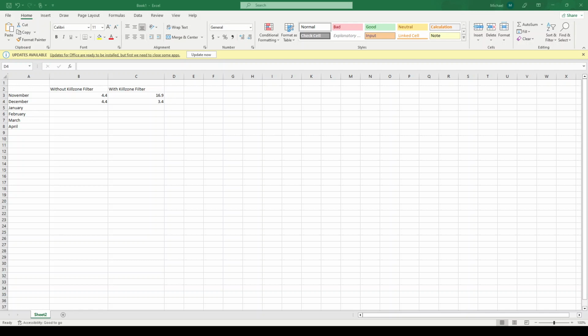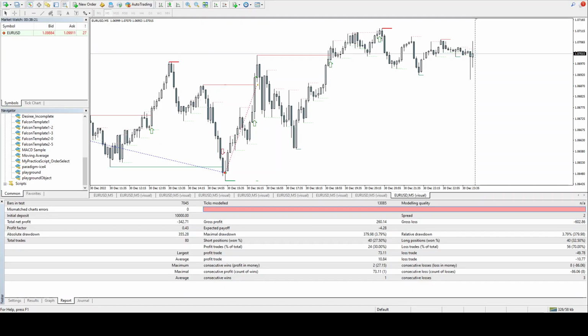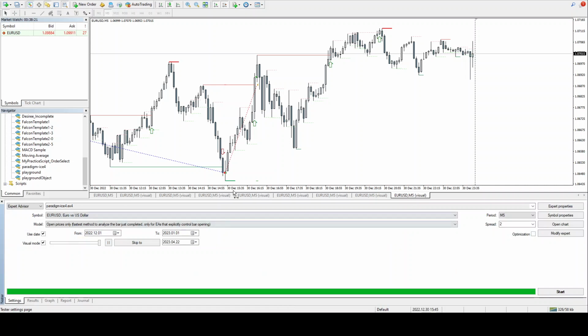So let's go to January as well. So let's go back to MT4. All right, so let's run through January. We've seen the November result and the December result. Now this is without pyramiding, right? No pyramid trades were taken.